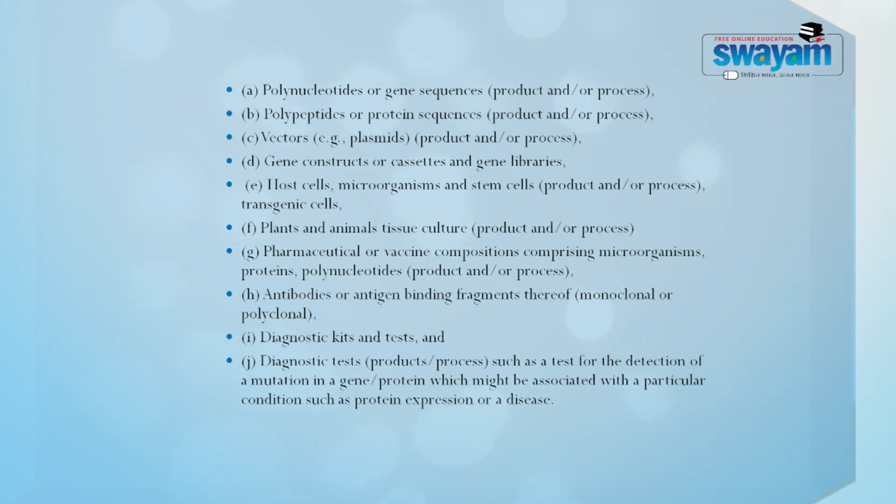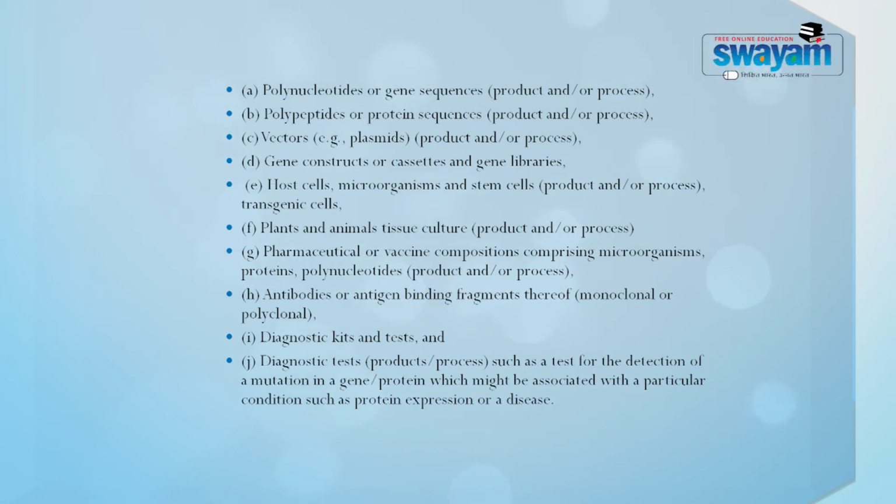pharmaceutical or vaccine compositions comprising microorganisms, proteins, polynucleotides, which are again in the form of both product and process claims, antibodies or antigen binding fragments thereof, which can be monoclonal or polyclonal antibodies, diagnostic kits and tests, such as tests for detection of a mutation in a gene or a protein which might be associated with a particular condition such as protein expression or a disease.